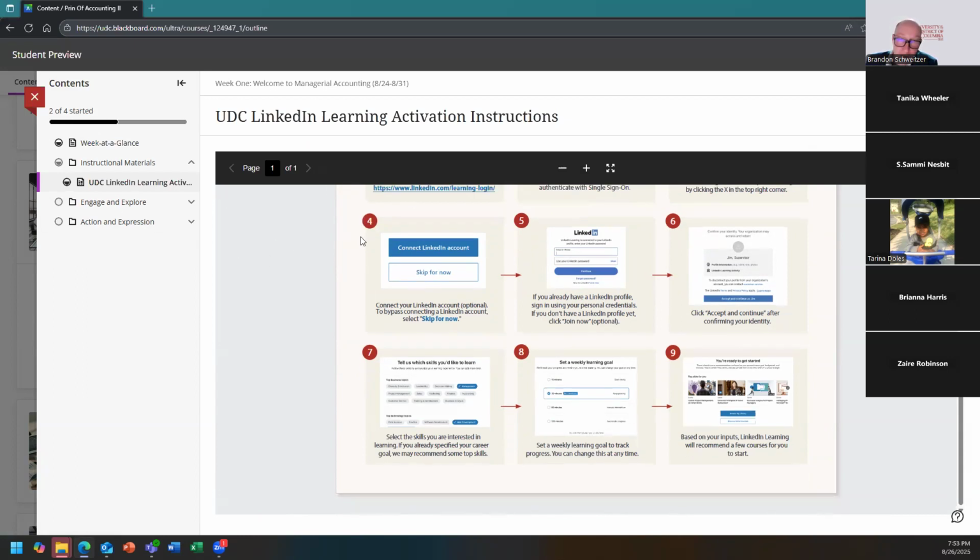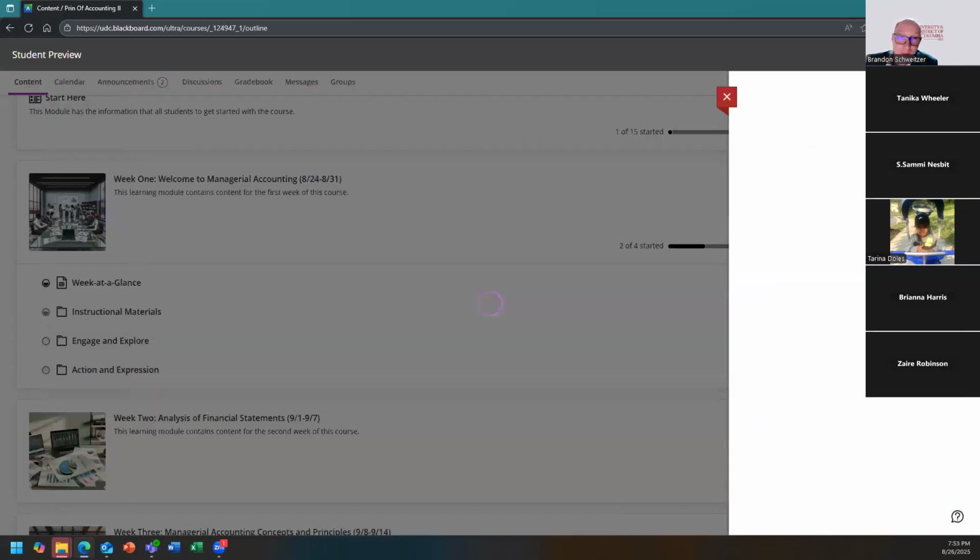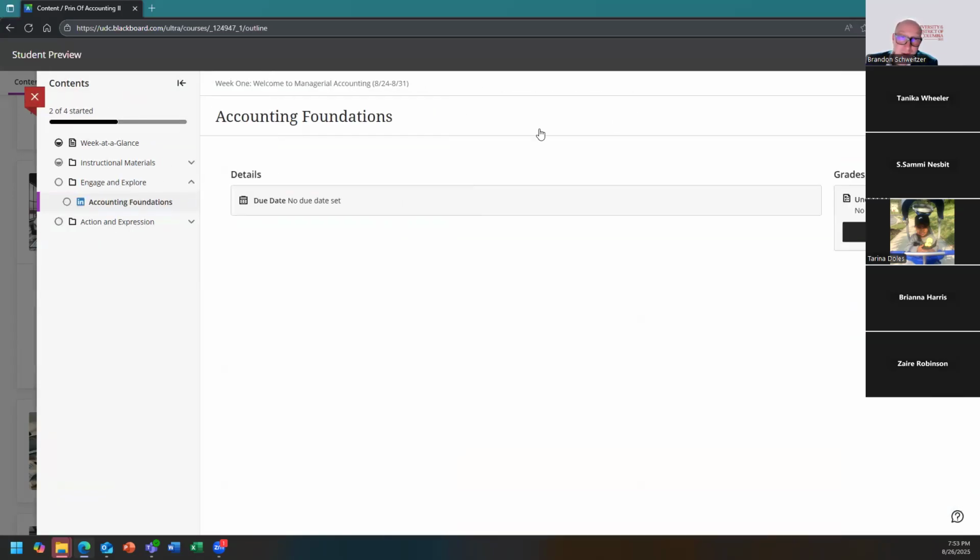Once that's done, and if you've taken me before recently and we did LinkedIn Learning certificates, then you don't have to go through that part again. You've already done it. So what that means is you want to go next to the Engage and Explore area. This is actually going to be our very first LinkedIn Learning certificate, and it's called Accounting Foundations.